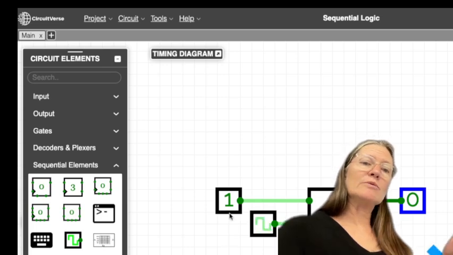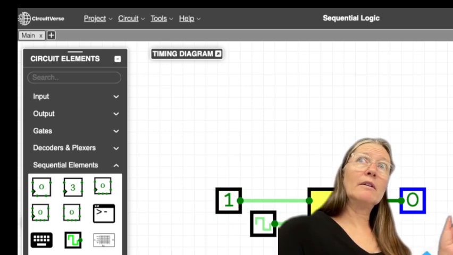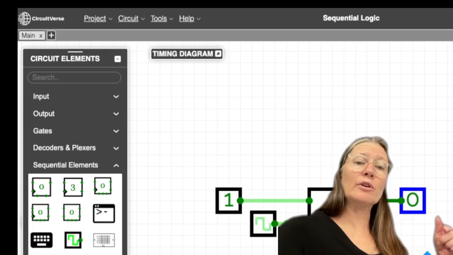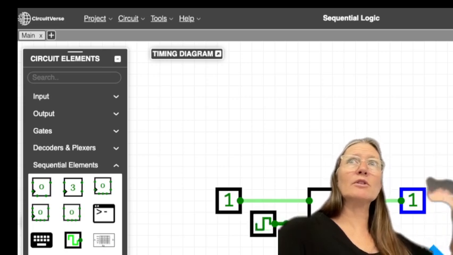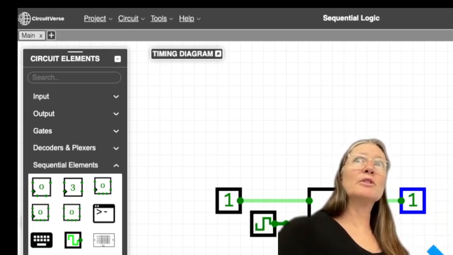And then watch, the D flip-flop should change to a 1. And then this one is set high, so it should toggle this over to also a 1. So you can see that it does, and then it keeps changing the JK going back and forth based on the timing of the clock. Does that help visualize it?